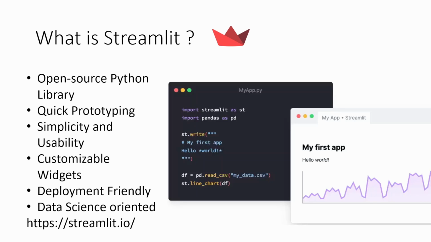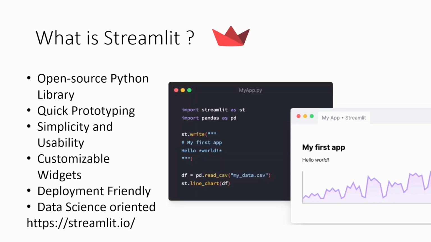Quick prototyping means that whatever functionality you want to build, maybe you can divide your screen into three parts. The left hand side will have some slider bars, some buttons, some drop downs. So the prototyping is very quick and easy. The third point is simplicity and usability. It's very simple and usable, and the most important thing is it has customizable widgets.